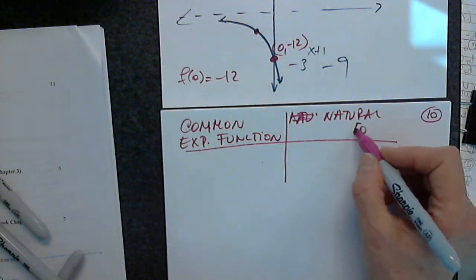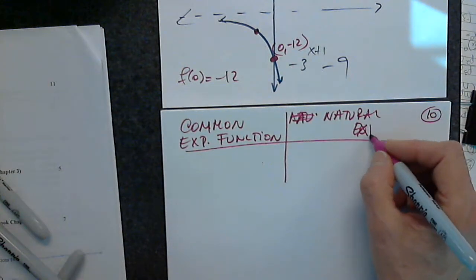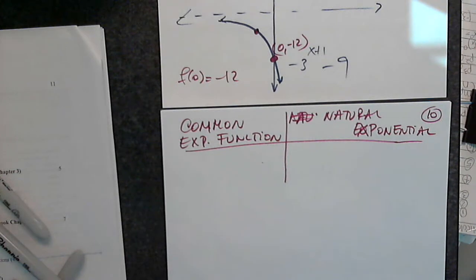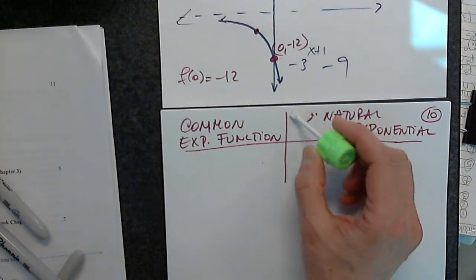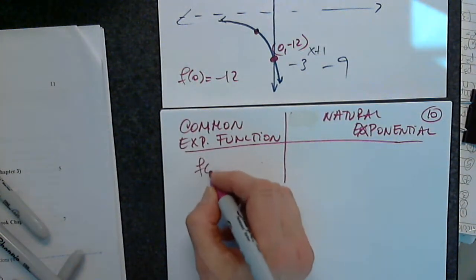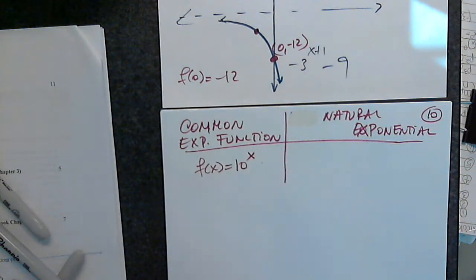I didn't get to log yet. Of course, we have those for log as well. The common exponential function has base 10, which is greater than 1. So f of x equals 10 to the x. The name of this function is not just exponential function. It is exponential, but it's called common.